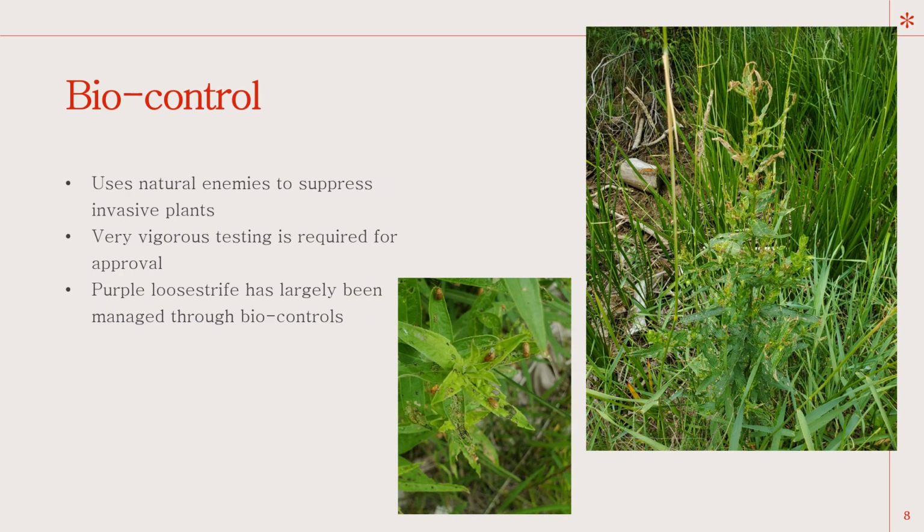There are, however, a lot more biocontrols out there for herbaceous plants, so any flowering species. They are regulated by the state, so here in Wisconsin, the only one that's really used is for purple loosestrife. And a lot of times, these natural enemies are often, but not always, from the native range of the invasive target plants.